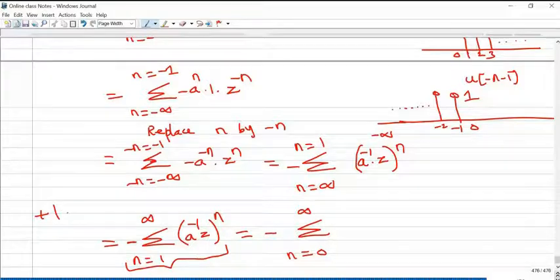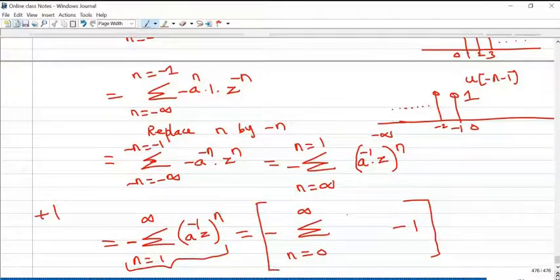So to cancel that plus 1, I'm going to write minus 1. That's it. Okay. So a power minus 1 is at power n. Remember this minus for this term only. Okay.